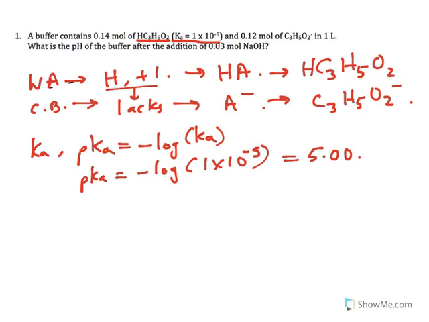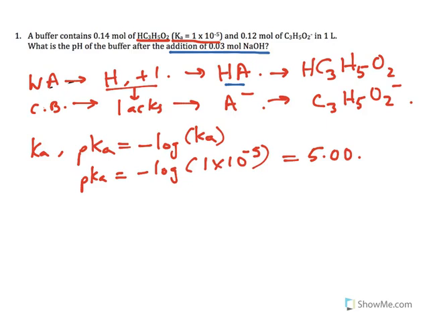Now that we have our weak acid, our conjugate base, and our pKa values, we can write our acid-base equation based on the substance that is being added. So in this example, we have the addition of NaOH. Generally, if we add acid to our buffer, we will have to have our weak acid, or the HA, on the right side of the equation.